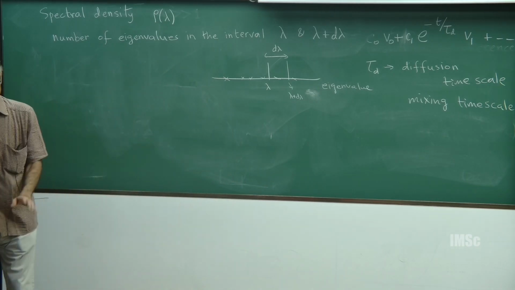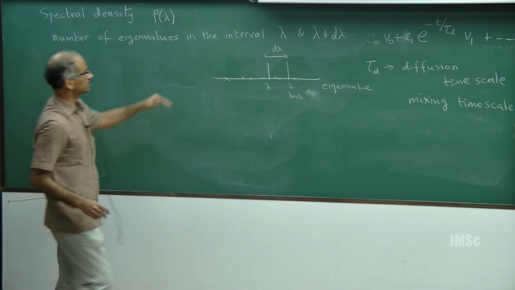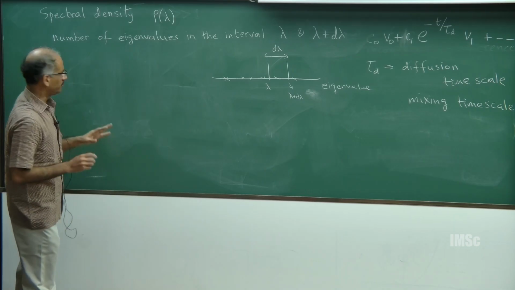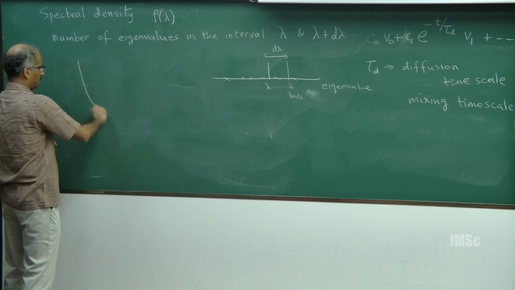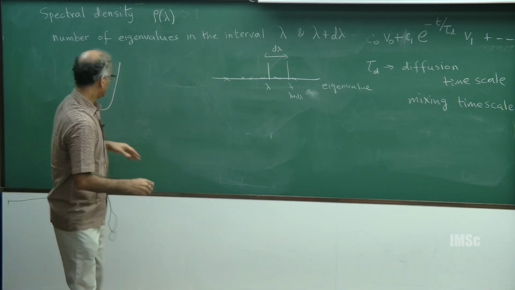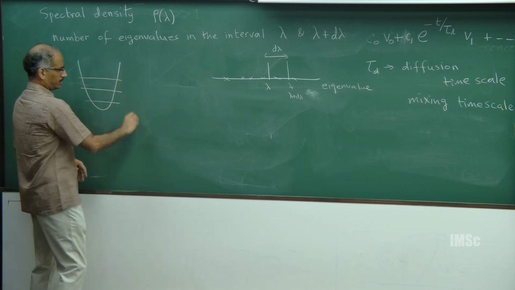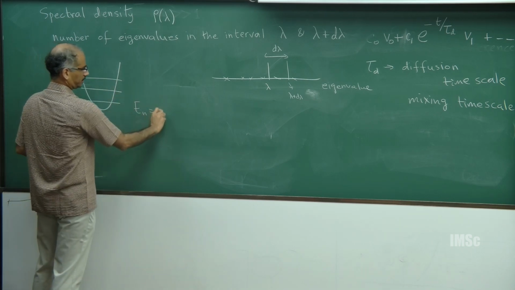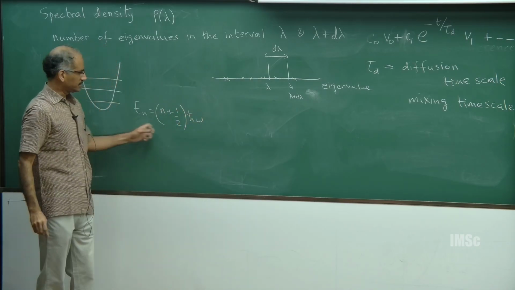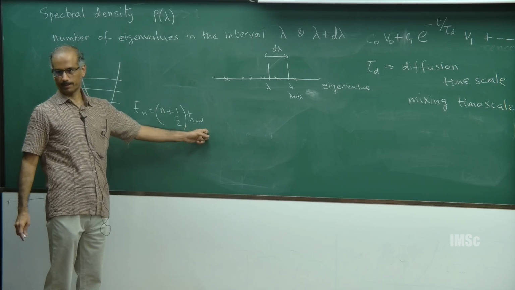I will finish this by giving you an intuitive feeling for what this quantity is about. If you have a harmonic oscillator potential, even if you are not a physics student, you probably know the famous formula E_n equals n plus half times h bar omega.